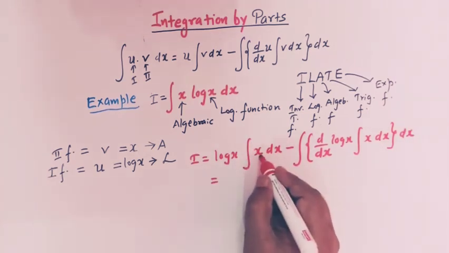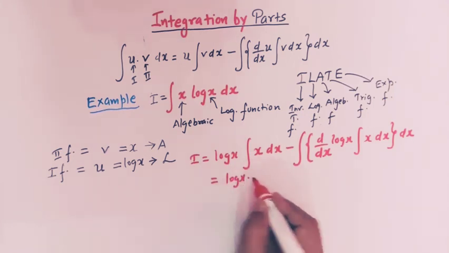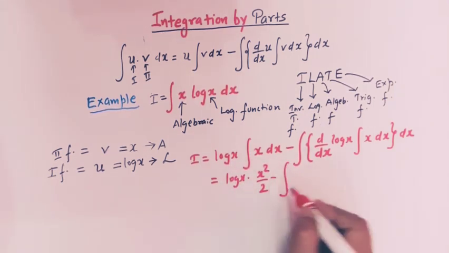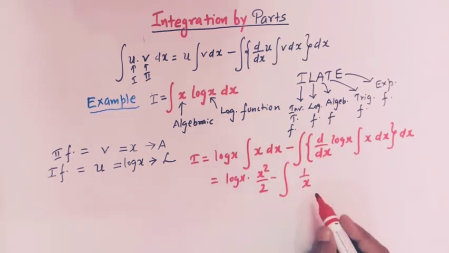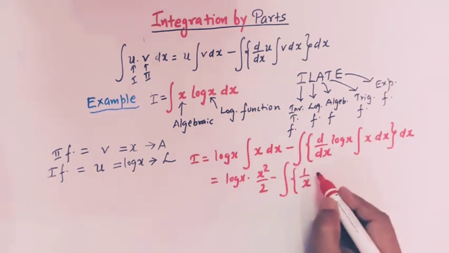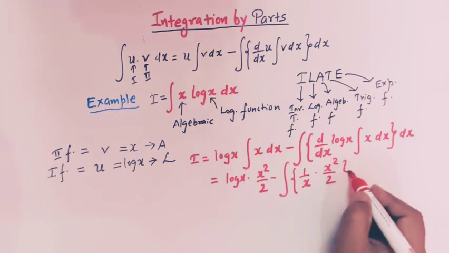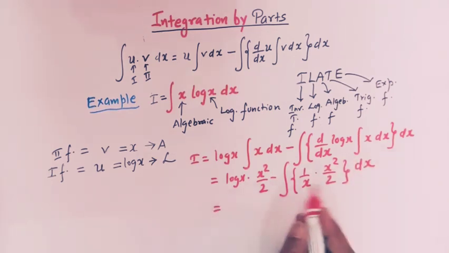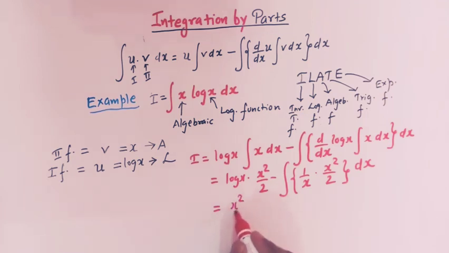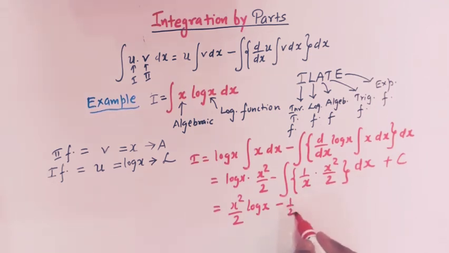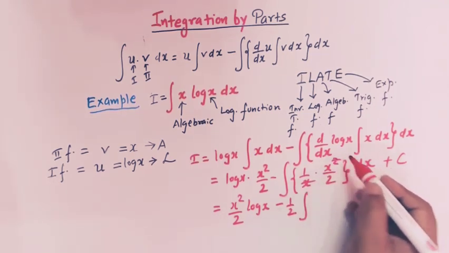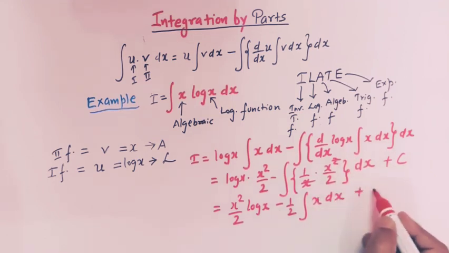Now the integral of x is x square over 2, and we have the integral sign here, so the derivative of log x is 1 over x, and the integral of x is x square over 2, right? And here we have dx. So now simplifying it, we have x square over 2 log x minus 1 over 2 integral, and here the 1 over x gets cancelled, so we have x dx plus c, right?